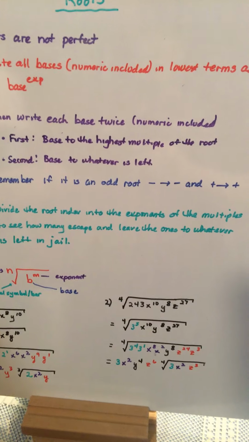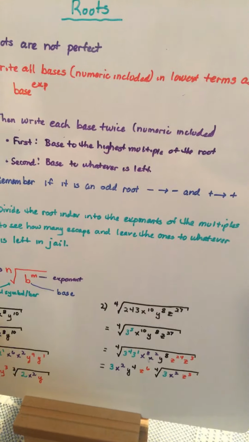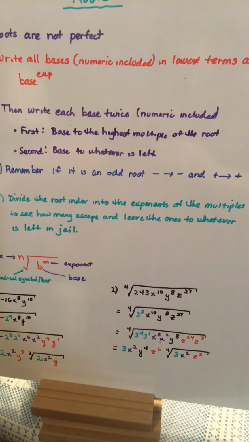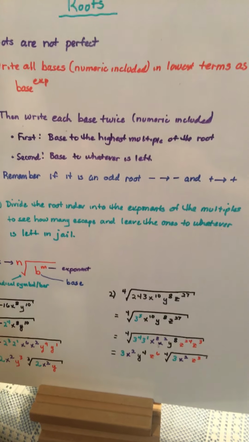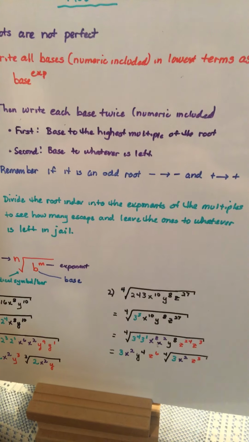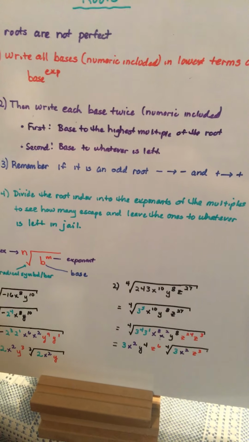Then you'll write each base twice, numerics included. The first time you write the base, you use the highest multiple of the index that's possible in the exponent that you have. For the second one, it's whatever was left over.